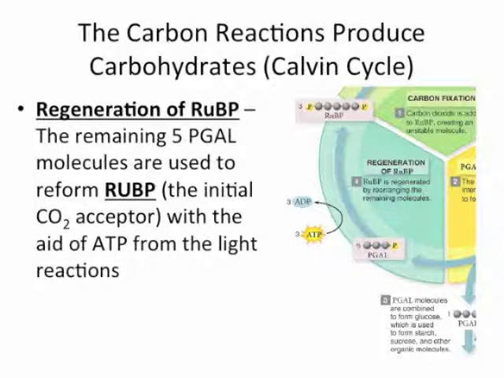CO2. There's only 1 of these. So how many carbon dioxides are needed to have 3 carbons to make sugar? 3 of them. Yeah, 3. So 3 carbon dioxides will enter for every 1 pGal that exits, and the rest of whatever's left over stays in the cycle.